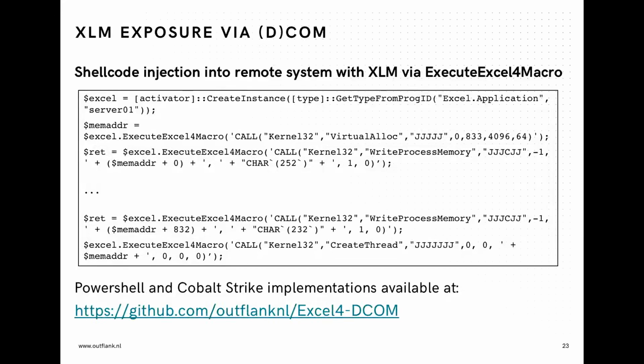It's pretty slow: injecting shellcode of 1,000 bytes, each staging will take you about 1 to 2 minutes. But if you have that time, this is a really great method to inject shellcode, not rely on any LOLBin, and inject it into excel.exe on a remote system without touching disk. Code in PowerShell and a Cobalt Strike implementation is at that GitHub repository.